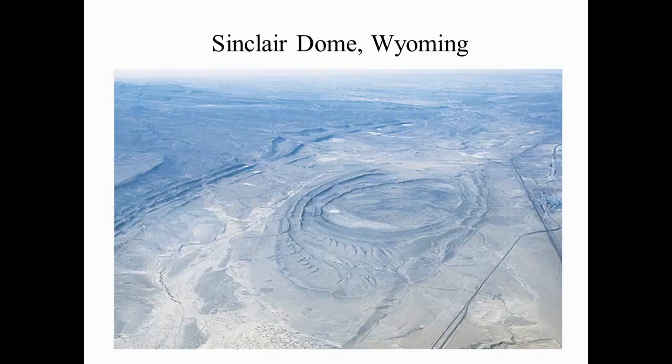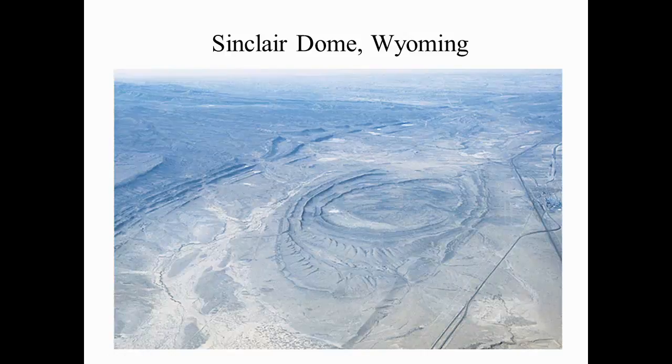Here's an aerial view of one particular dome. This is the Sinclair Dome in Wyoming. Not knowing the ages of the strata in detail, we can right away assume that the strata in the center are the oldest, and what's more, the strata become progressively younger away from the center.